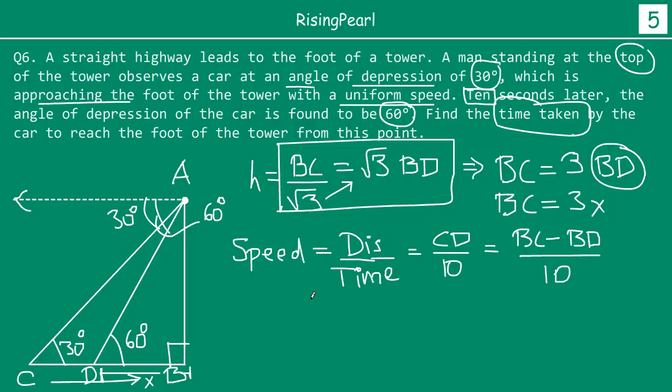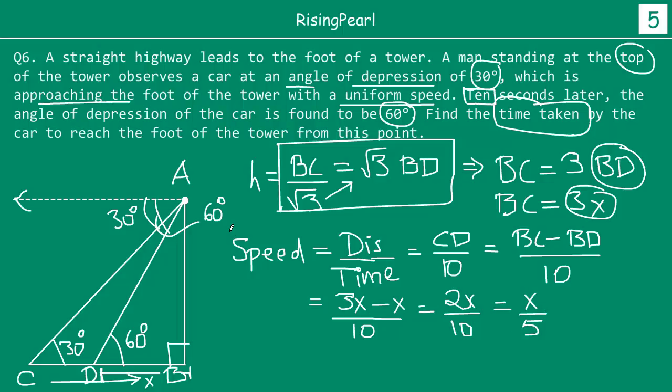Or in other words, BC is 3x, so 3x minus BD, which is x, divided by 10, or we have 2x divided by 10, or we can say it is x divided by 5.